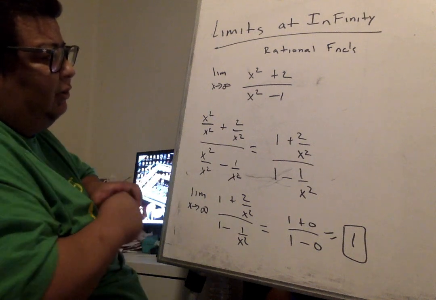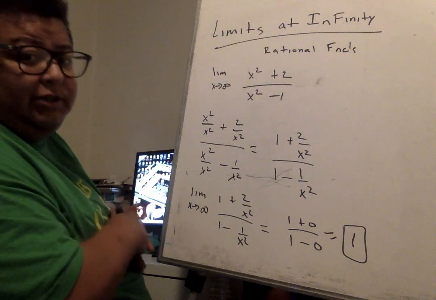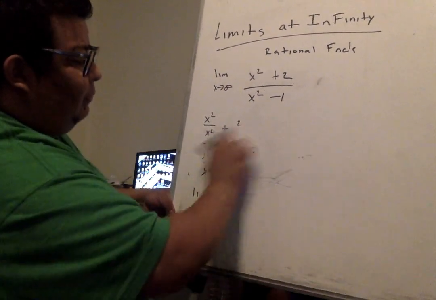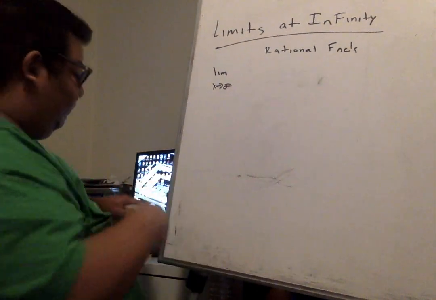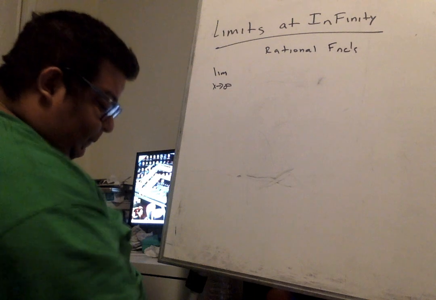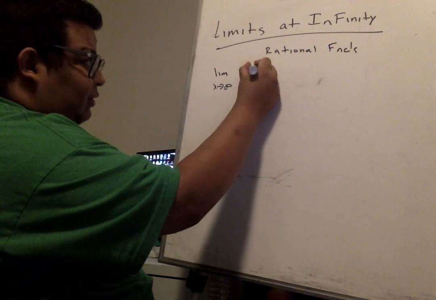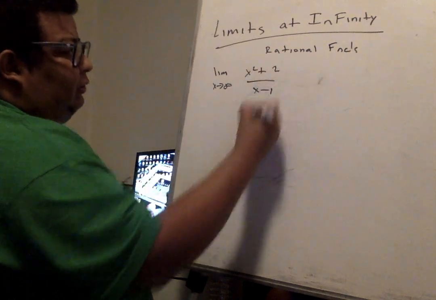Let's look at another similar example where the limit does not exist. Limit as x approaches infinity of x over x squared plus 2 over x minus 1.